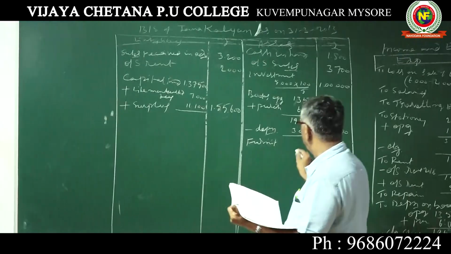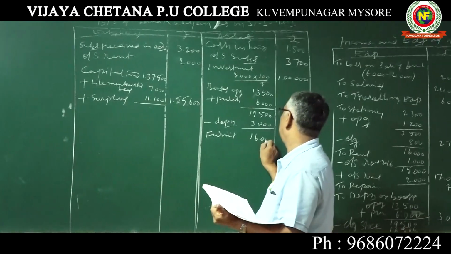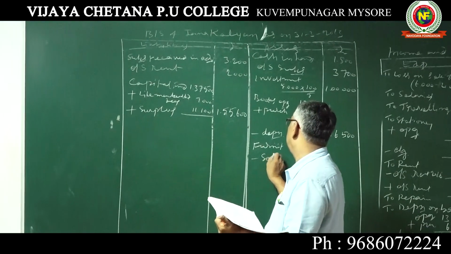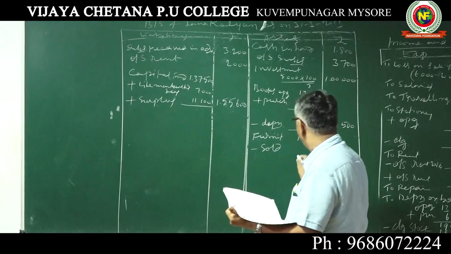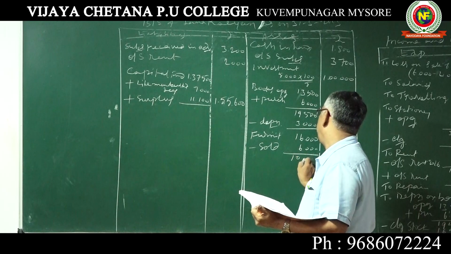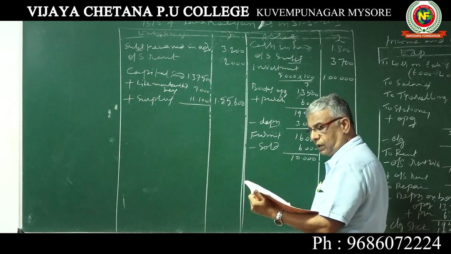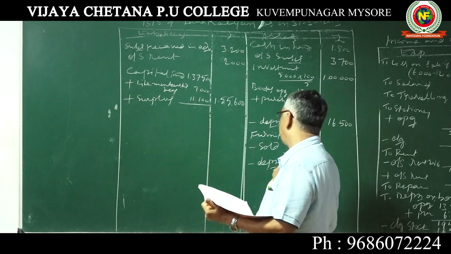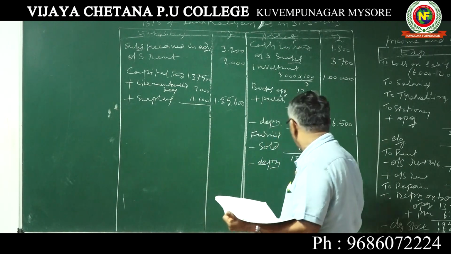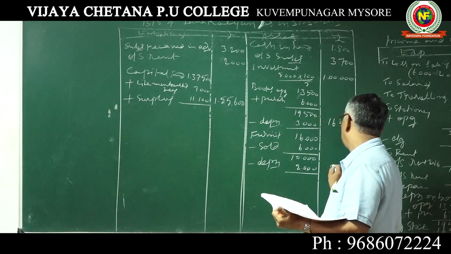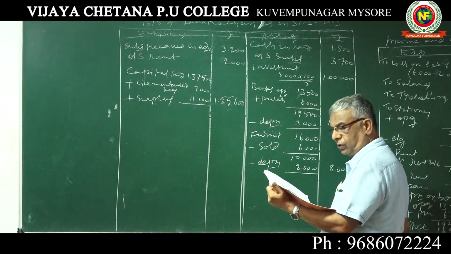Furniture opening value is 16,000, and then less sold furniture worth rupees 6,000. Then the balance we are having is 10,000 rupees. Then less depreciation, what we have already ascertained in the income and expenditure account, 2,000. So the balance is 8,000.